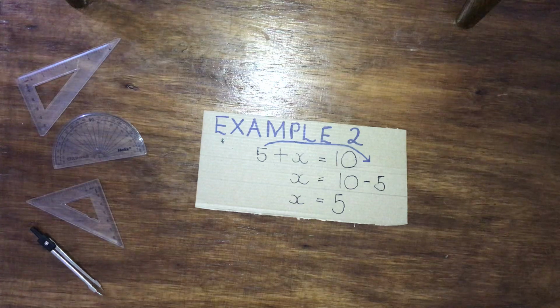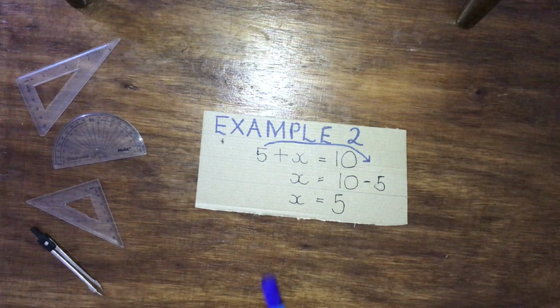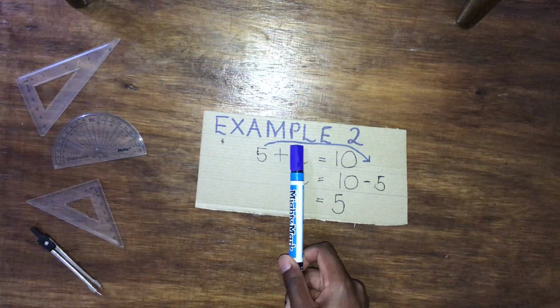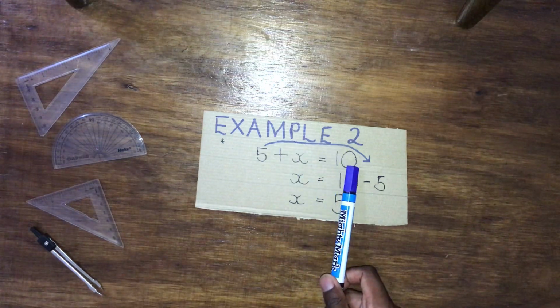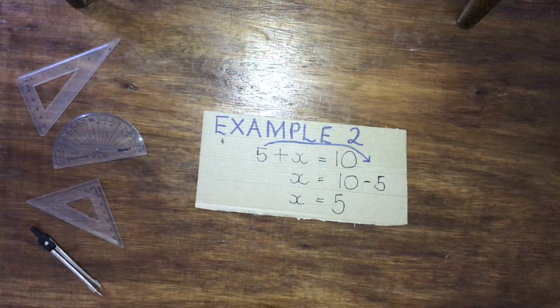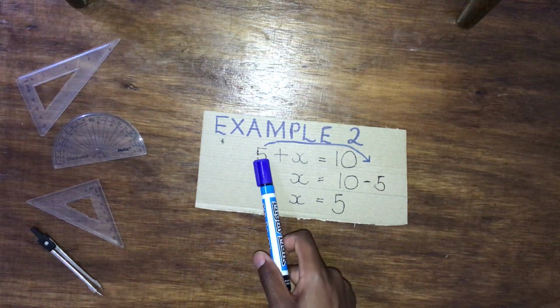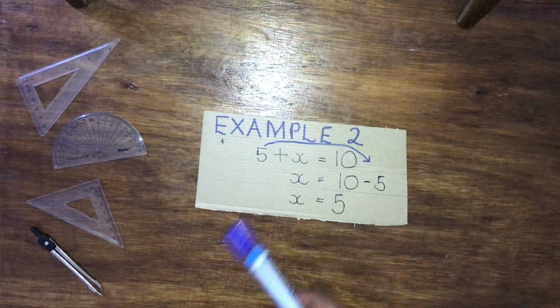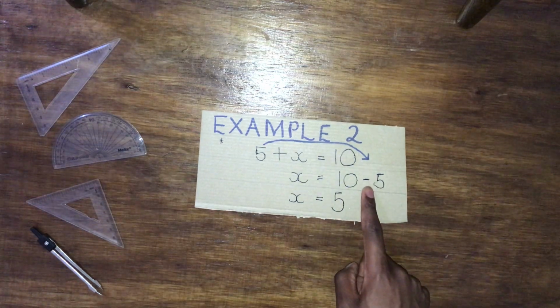For you to be able to solve this, you must have unknown values on one side and known values on the other side. So, we must move this 5 across to be with the 10. But now something very strange happens. As we move the 5 across, it now becomes negative.